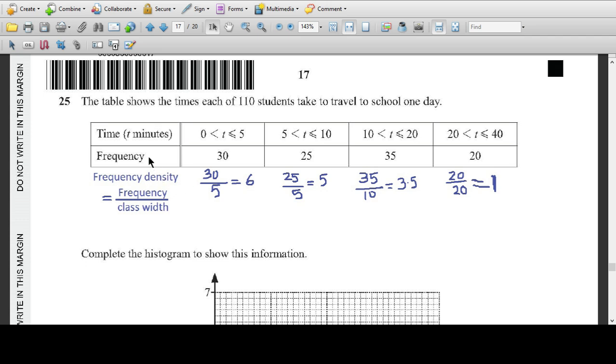The frequency density is obtained by dividing the frequency by the class width. So we have obtained 6, and here this frequency divided by the class width is 5. This frequency divided by the class width is 10, 3.5. Frequency divided by the class width is 20.